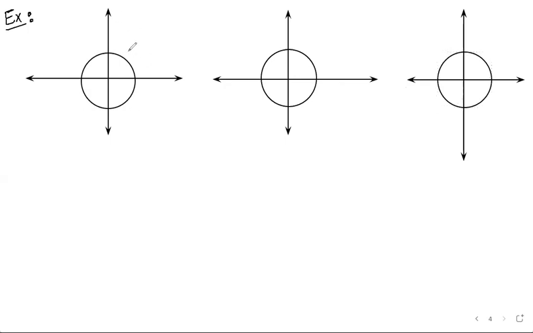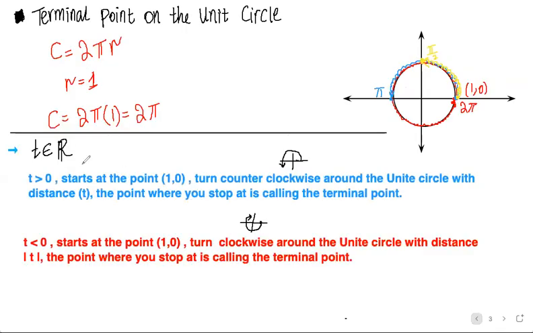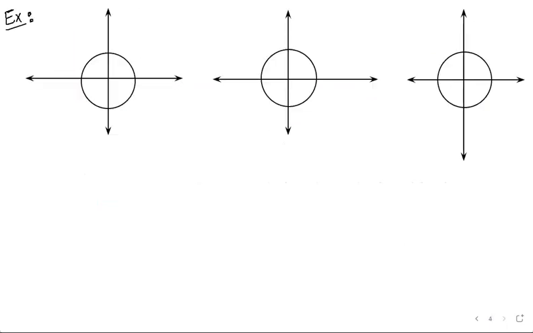So suppose my t, I said t is a real number. T is positive or negative. The positive and negative means the direction. If it's positive, I move around the unit circle counterclockwise. But if t is negative, I move around the circle clockwise. The t is the distance. So my question here, suppose for the first one, t is equal to pi over 2.